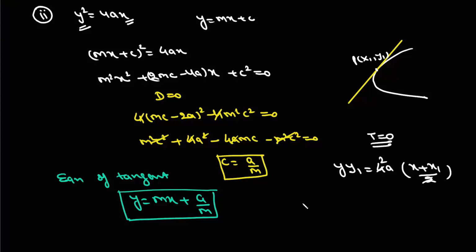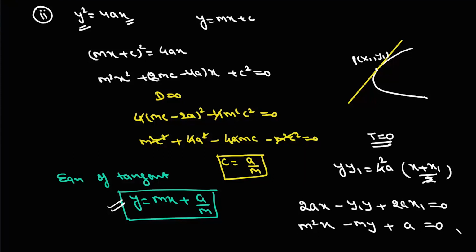So we can write this as 2ax minus y1y plus 2ax1 equals 0. And we know that this equation must be equal to the equation which we have got from the condition of tangency, which is m square x minus my plus a equals 0.